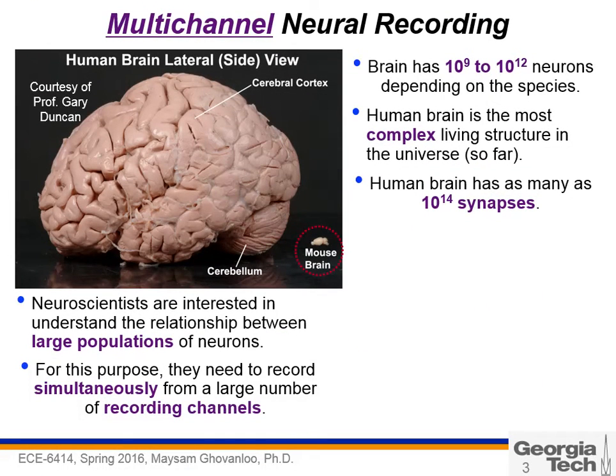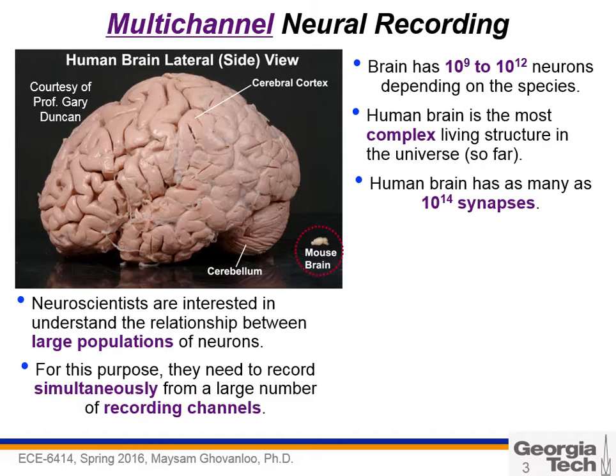So, talking about wireless neural recording, you know that the brain is a very complex circuit. It consists of 10 to the power 9 to 10 to the power 12 neurons, depending on the species. In humans, we have 10 to the power 11 neurons in our brains, and each neuron makes about 1,000 connections known as synapses with other neurons.